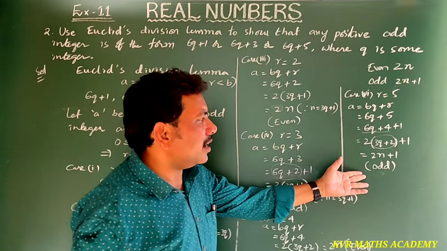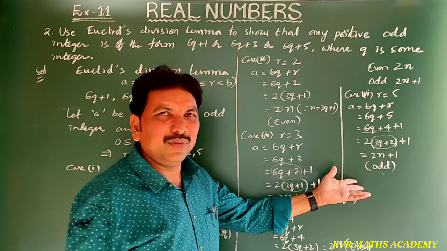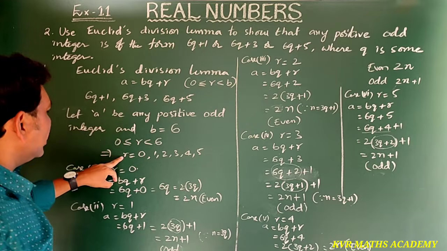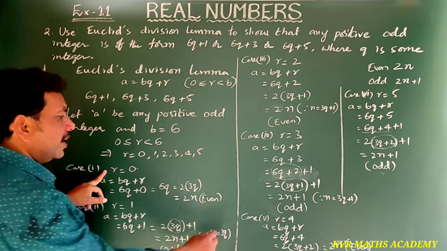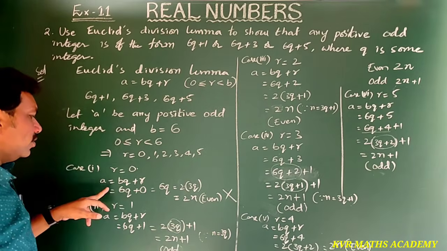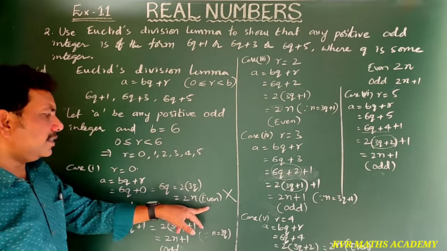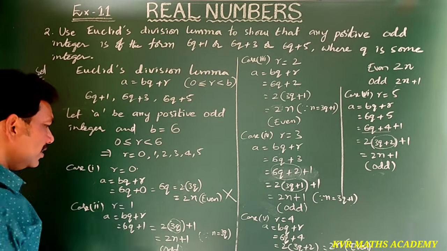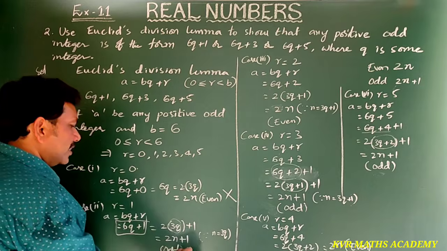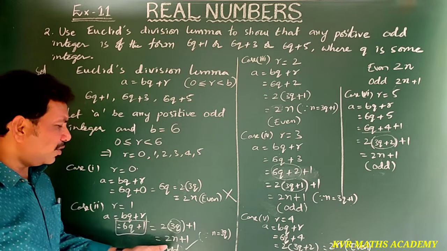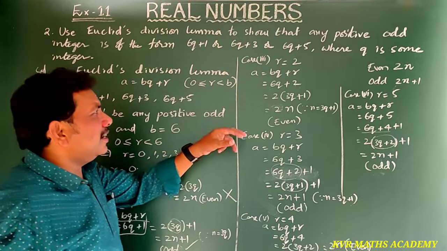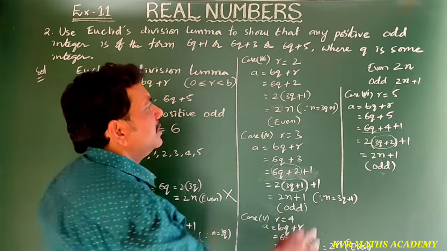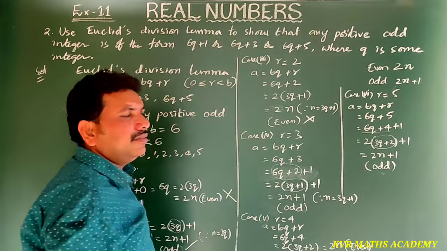So what are odds and what are evens? Let us see. If you take r is equal to 0, in case 1, 6q is even. Next, 6q plus 1 is odd. Next, 6q plus 2 is even.